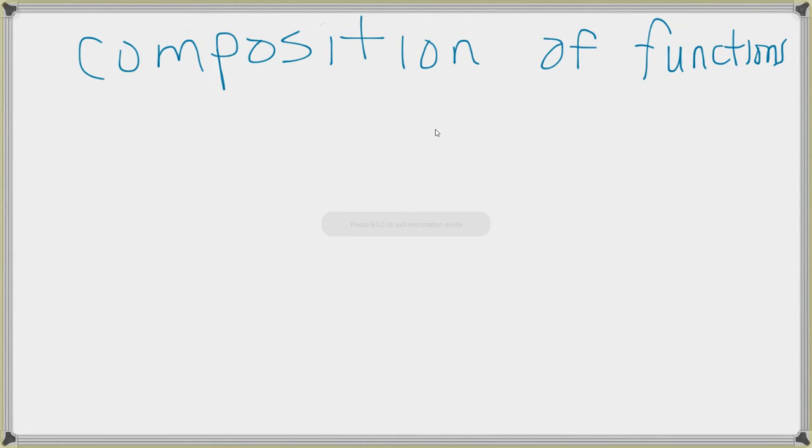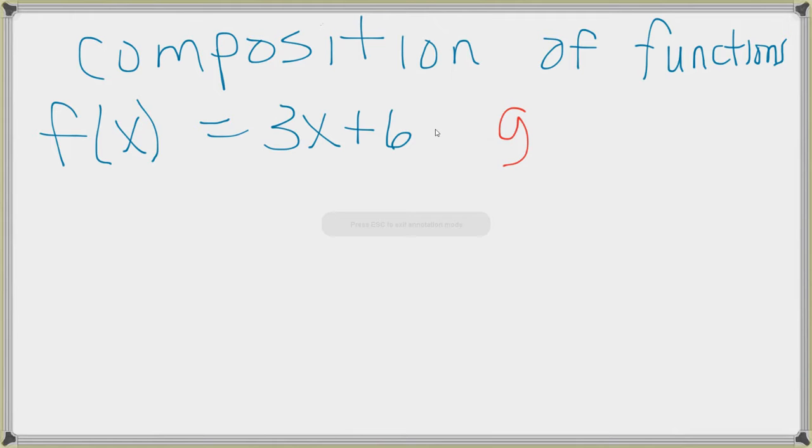So shortly on that board should come up, there it is, composition of functions. We're going to plug one into the other. So you might have f of g of x, or you might have g of f of x.